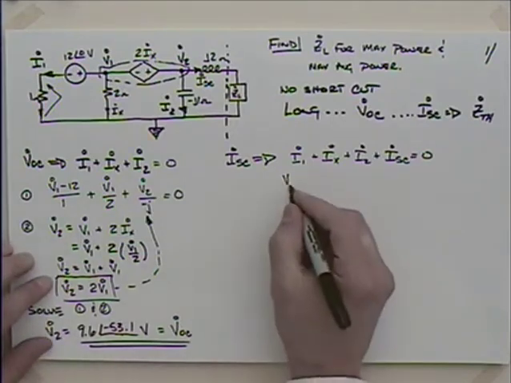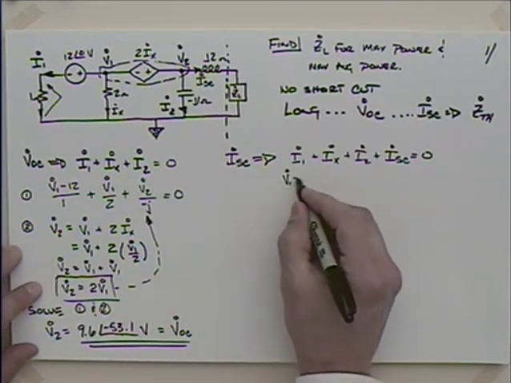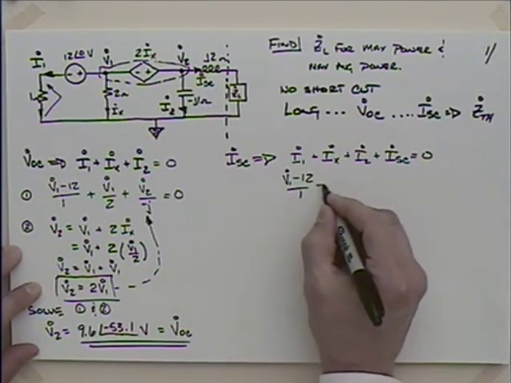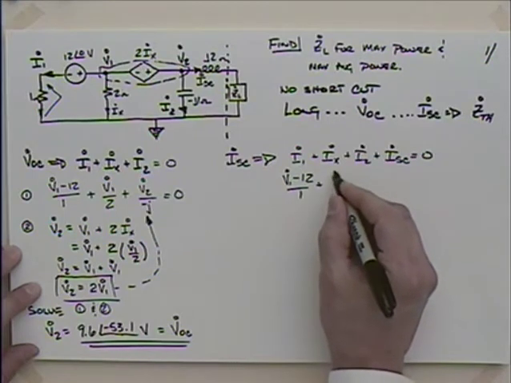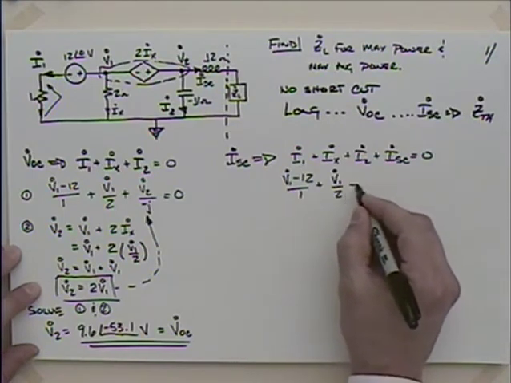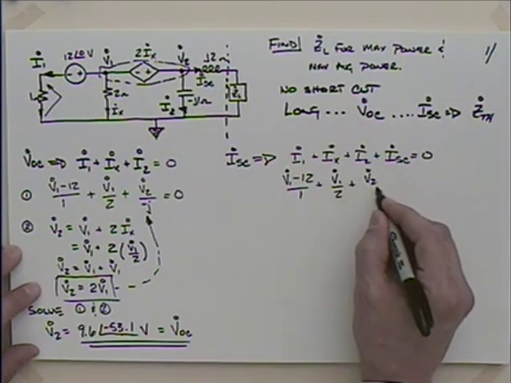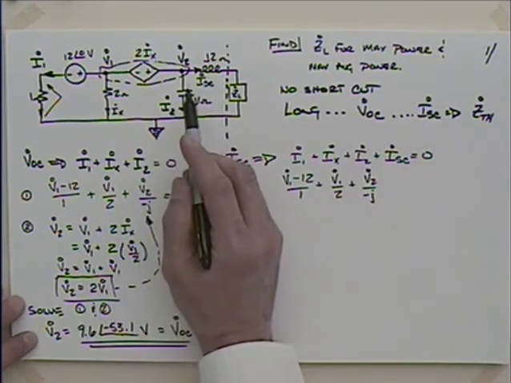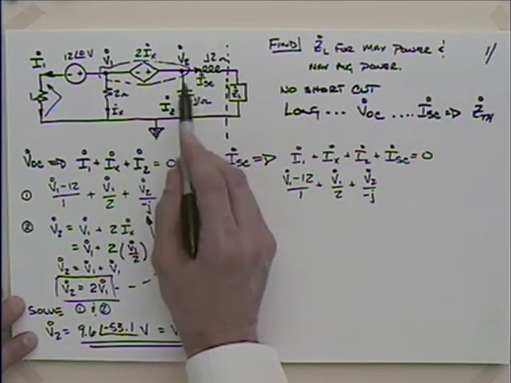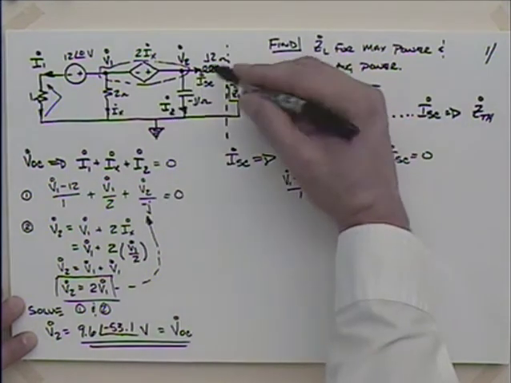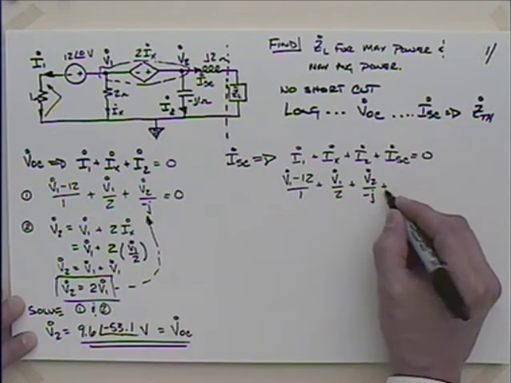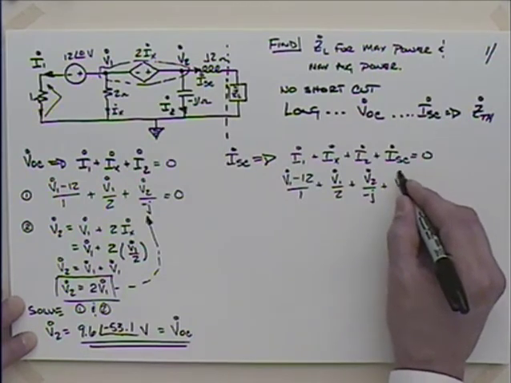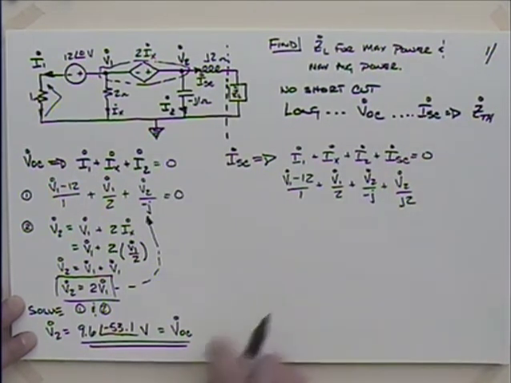V1 minus 12 over 1 plus V1 over 2 plus V2 over minus j. Then I have to talk about I short circuit, don't I? What's I short circuit going to be? If this is shorted out, I have then V2 divided by what? j2?